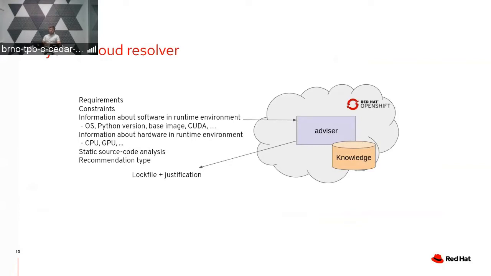The last but not least input to the resolver is something that is called recommendation type. We will talk about it in demos, but basically this recommendation type states the intention with the application. So if you are a machine learning engineer who trains a machine learning model in an isolated environment, you want to eventually have a very well performing set of dependencies, and you are fine with possible security vulnerabilities because you really run your experiments and you are okay having possibly vulnerable code in an isolated environment.